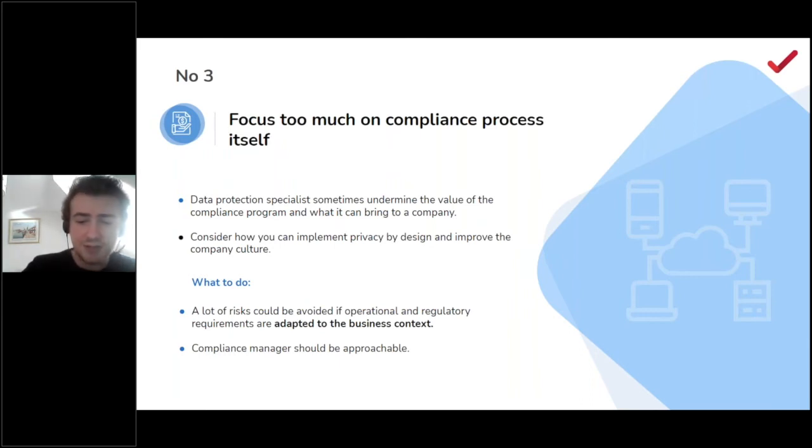And with this in mind, you can easily optimize and improve beyond just introducing policies. So to do this, beginning the process of creating a compliance program with privacy by design in mind will help you a lot later on and really allow you to go beyond the compliance process itself.